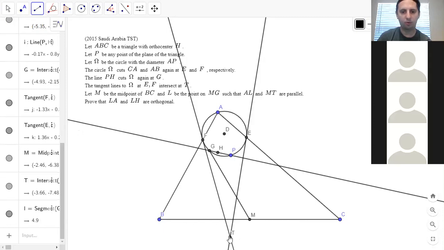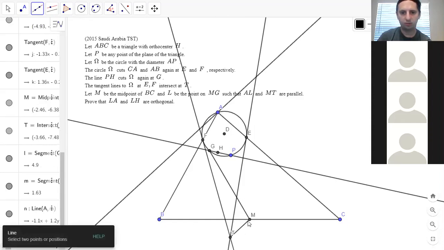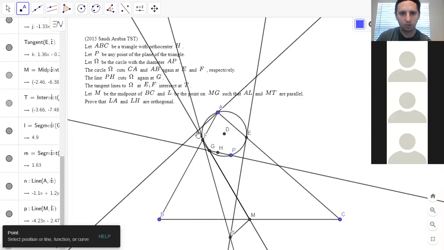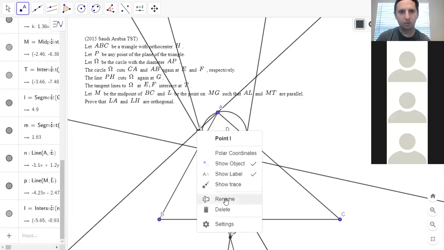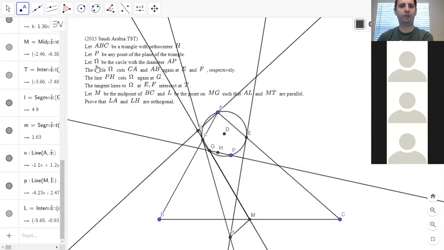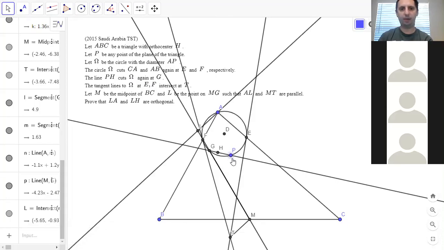So I would need to draw this, and this. We want to show LA and LH are perpendicular. So yeah, it's a tricky diagram, but P can be any point. That's what makes it kind of interesting.